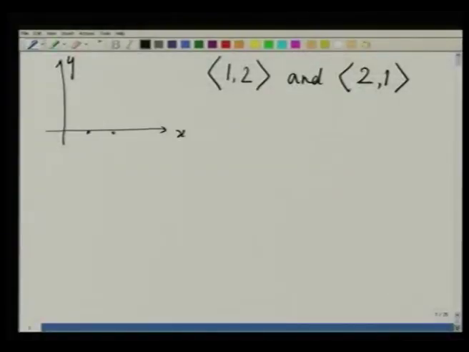So, if this is 1 and this is 2, 3, and so forth, 1, 2, etc., then the first point 1 comma 2 would be around here. The second point 2 comma 1 by the same procedure would land up here, and these two are obviously different points on the plane.